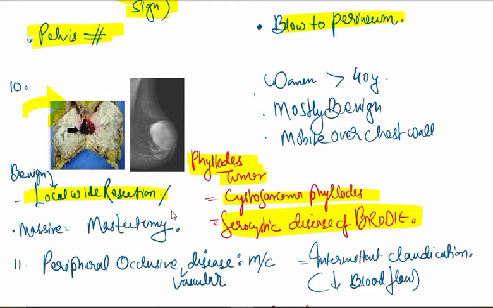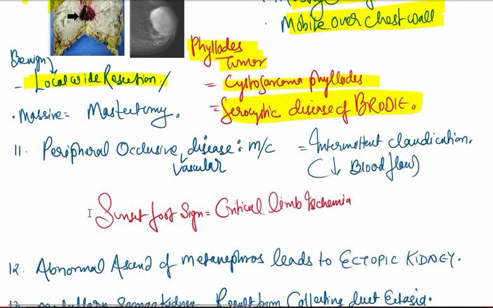This is usually found in females more than 40 years of age, but it can be found at an early age also. It is mostly a benign condition, and this mass is mobile over the chest wall. If it is benign, then local wide resection is done, and if it is massive, then mastectomy is preferred.